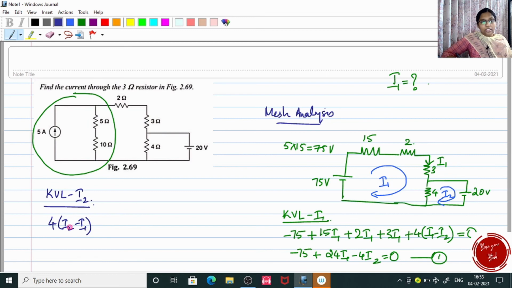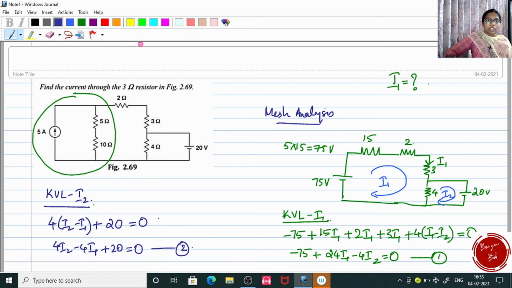So it is 4 into I2 minus I1, okay, and plus 20 because I hit a positive polarity of the voltage source, okay. So here I get 4I2 minus 4I1 plus 20 equal to 0. So this becomes your equation number 2.